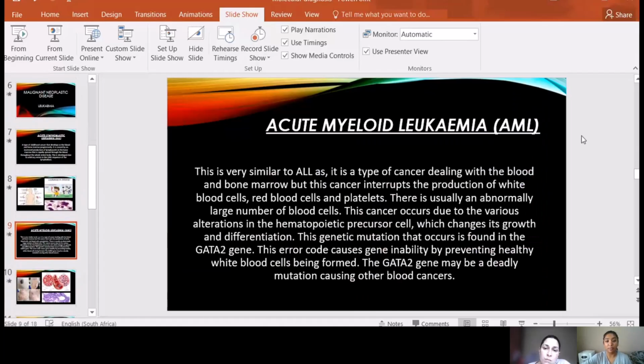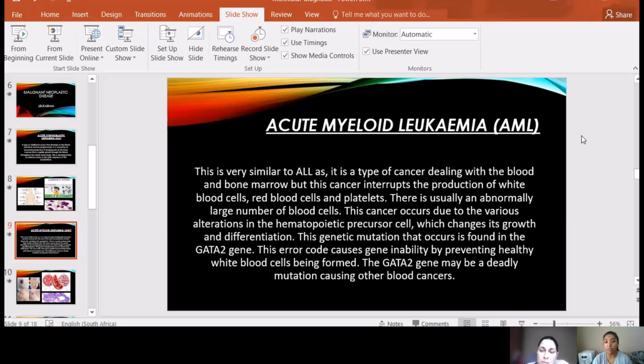Acute myeloid leukemia. This is also similar to ALL, acute lymphoblastic leukemia. This is also dealing with the blood and bone marrow, but this cancer interrupts the production of white blood cells, red blood cells, and platelets. There's an abnormally large amount of blood cells, and this causes a lot of alterations in the genes, and it causes abnormal growth and differentiation.